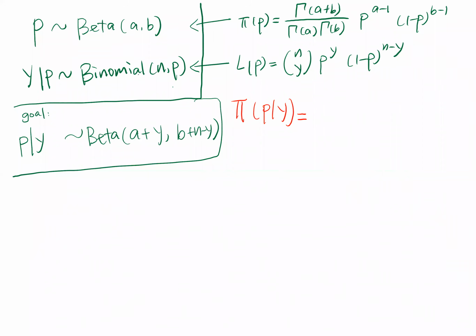On the top, what do we have? The prior times the likelihood, right? In the bottom is the same thing, except now I have to integrate out the unknown parameter.